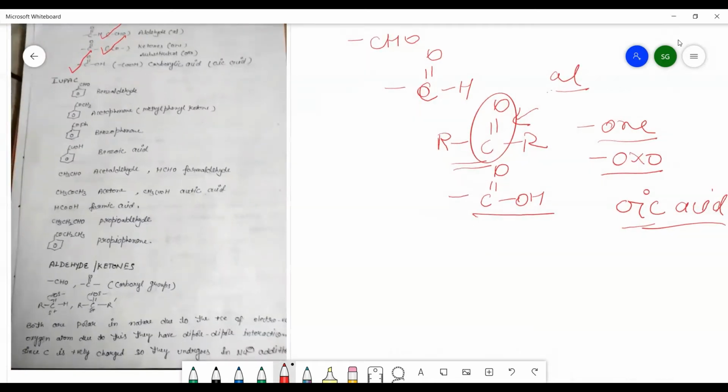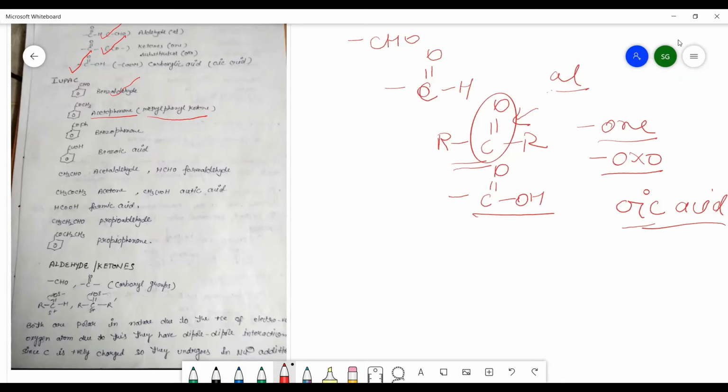Now we will see the formulas of the important compounds of aldehydes and ketones. This is benzaldehyde, in which the benzene ring is attached to the CHO group. Another one is acetophenone, which is methyl phenyl ketone, in which the benzene is attached to the COCH3 group.